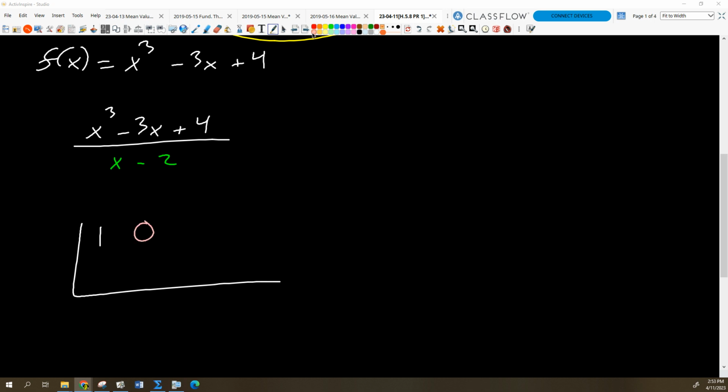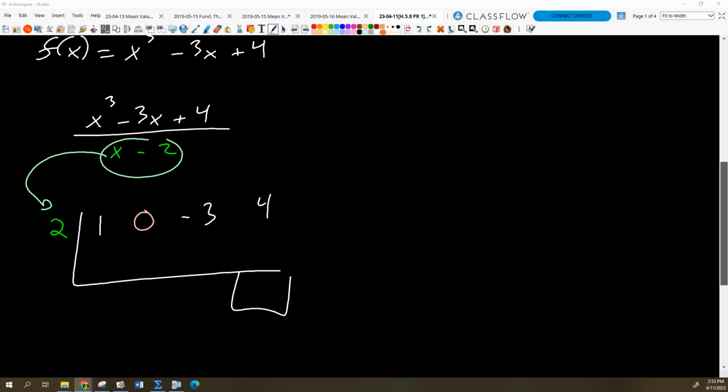Good, because I'm missing the x squared term. 0, negative 3, 4. And I put a remainder box under the 4. Okay, what number goes out front? 2. Good. The zero of the denominator is 2. So we'll run that through synthetically.